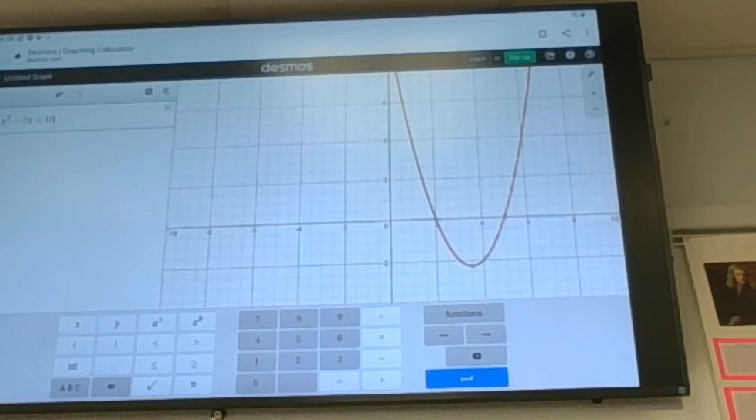I think it's non-linear. I think the graph is non-linear. Keyboard function.